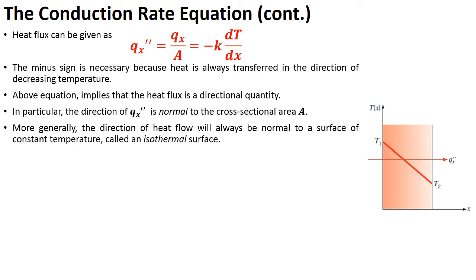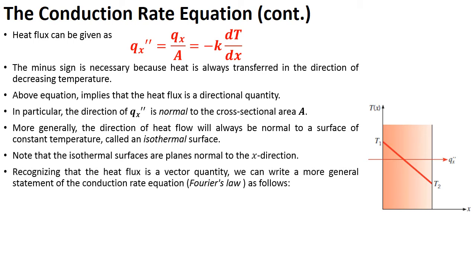It means heat flux will be normal to the left wall or normal to the right wall, because the left wall and right wall are maintained at the uniform temperatures of T1 and T2 respectively. From this, we can conclude that heat flux is a vector quantity.